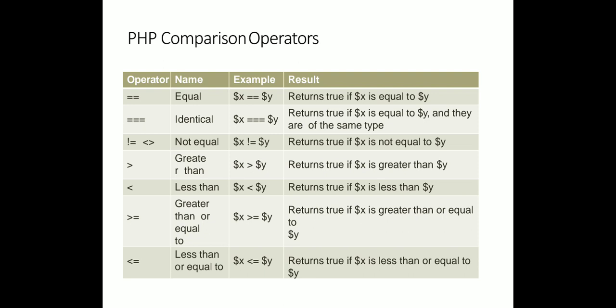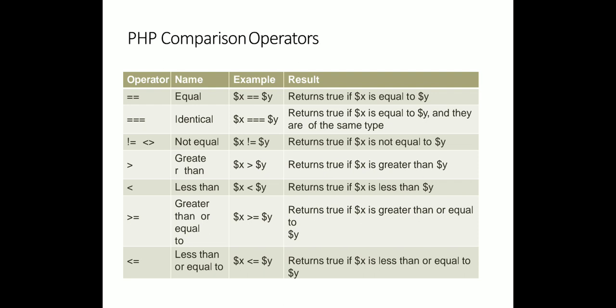Then triple equals is used for identical. Generally we use double equals for equality, but in PHP we use triple equals as the identical symbol. So $x triple equals $y returns true if $x is equal to $y and they are of the same type.